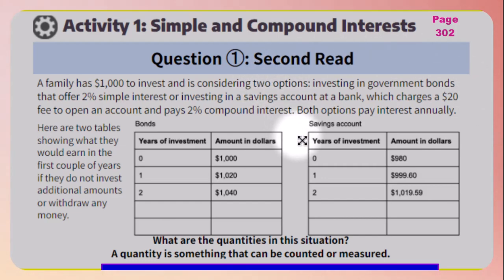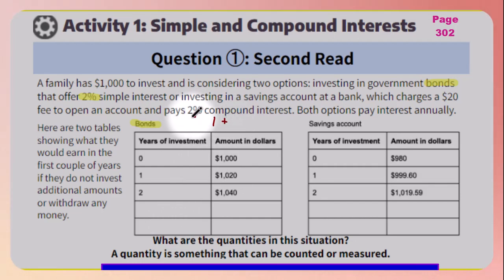All right, now that you've come back and had a chance to think about what we're looking at, we have bonds, that's going to be this one, at 2% simple interest. So it's going to go up 2% each year. Remember, we start with 1, which means we're going to have that whole amount plus 2%.